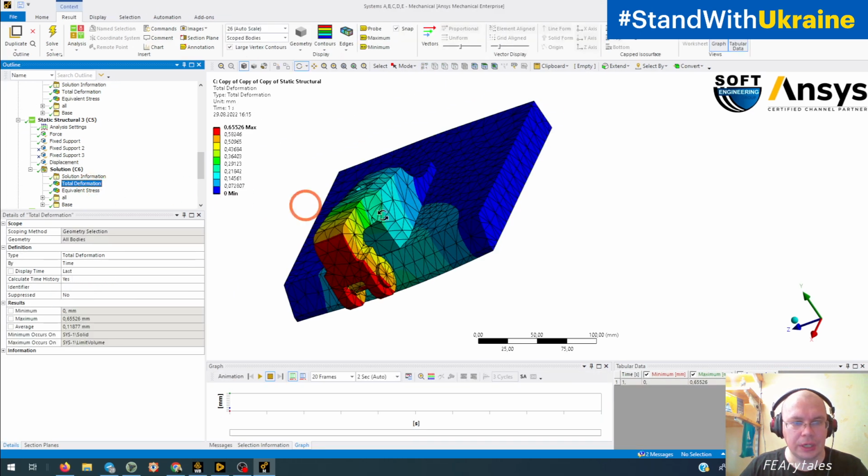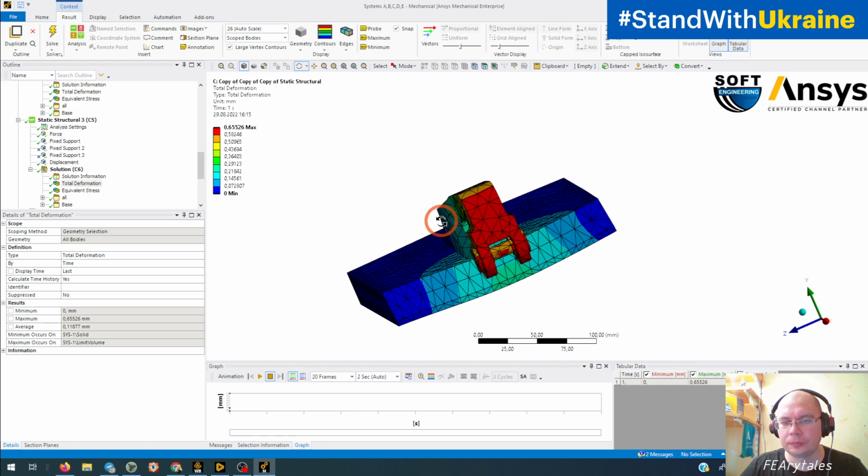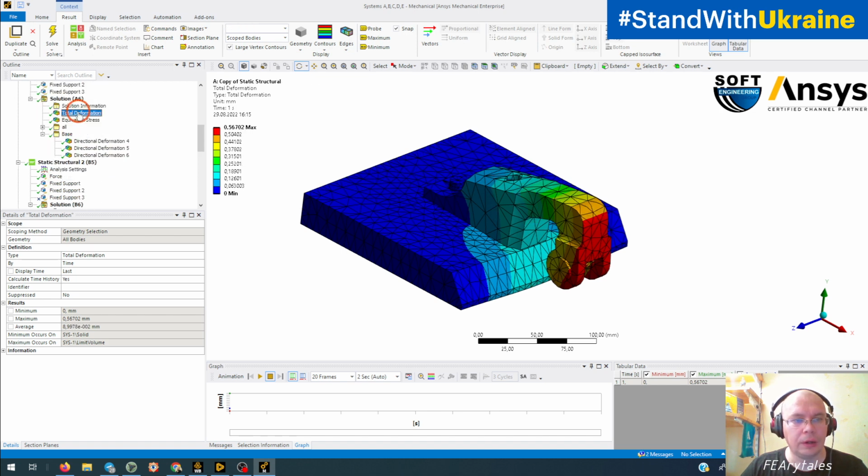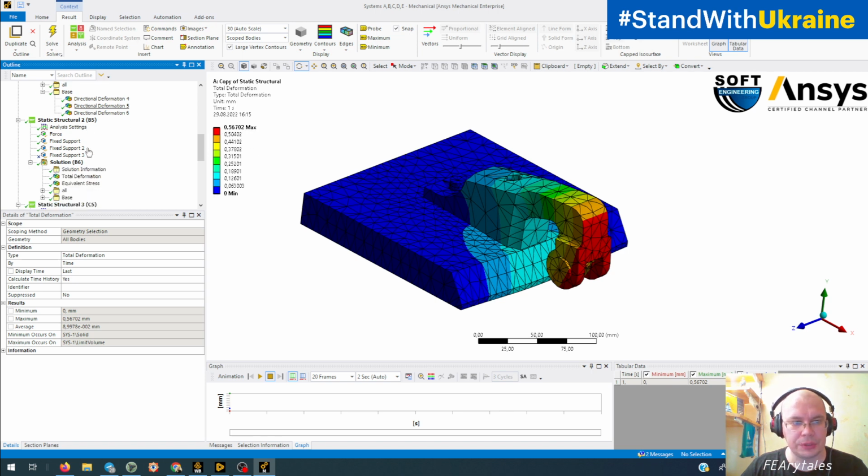And if we take a look at our deformation, we'll see that we have 655 microns, so it's much more than on the first. I think it's about 10%, sorry, it's about 20% difference.